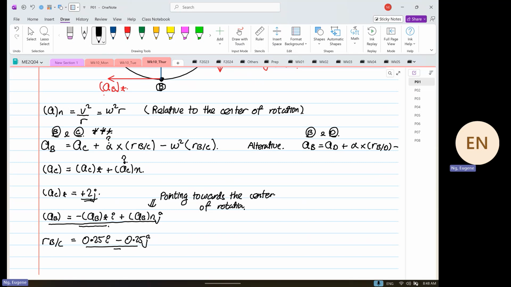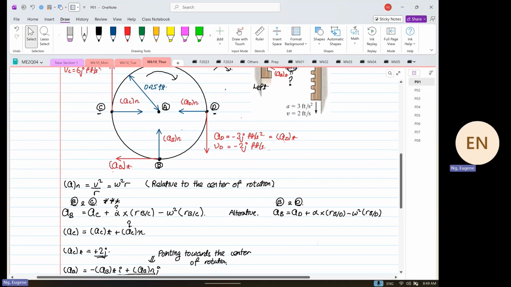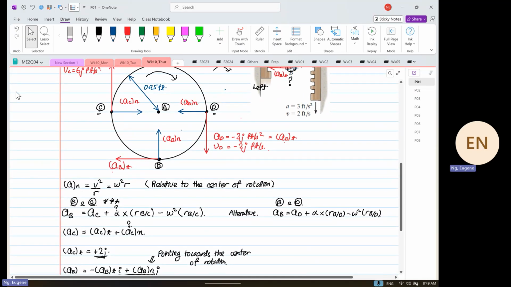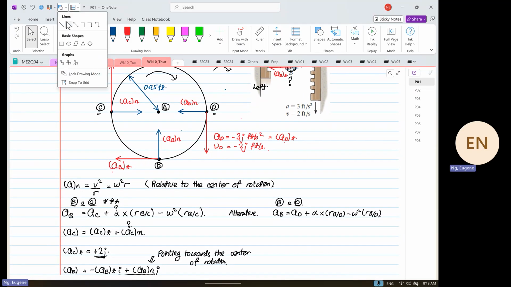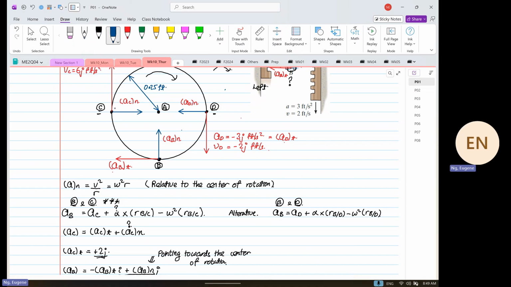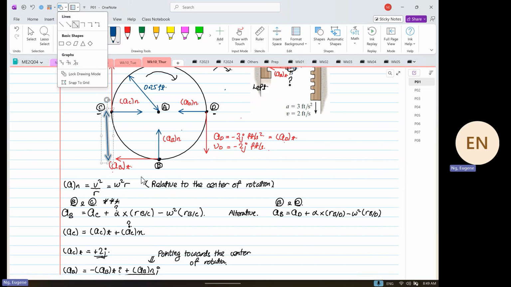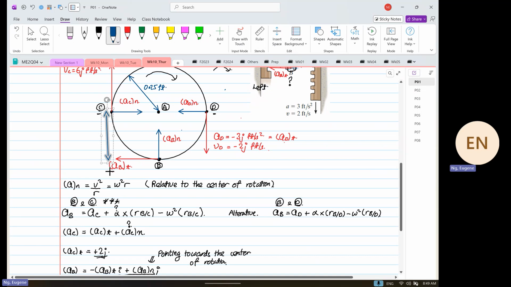Why is that? Because we are aware of the distance from here to here, and we also know the distance from here to here.